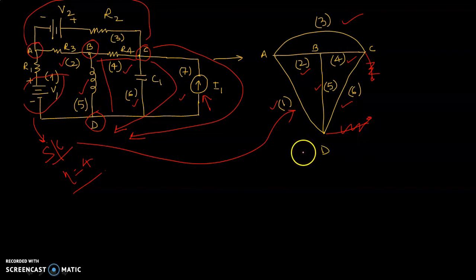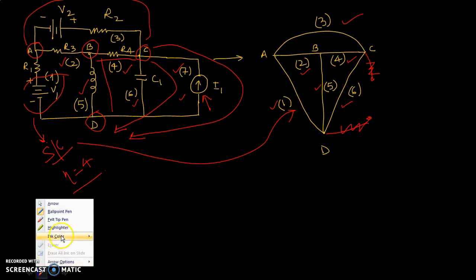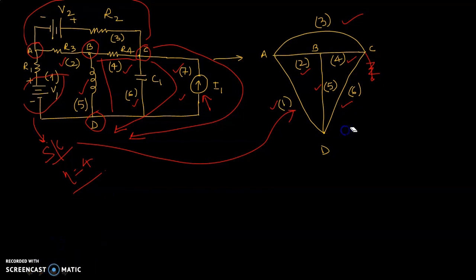When path number 7, a current source, is converted to a graph, it is shown by an open circuit, so it is understood as an open path. So in the final graph, it is actually not shown like this. This was your final graph.